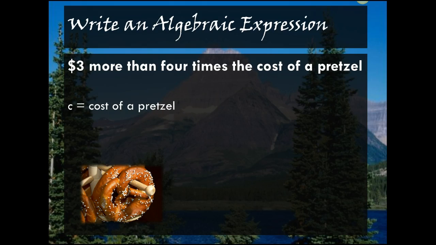The expression says we have $3 more than 4 times the cost of a pretzel. We'll need to break it down because we have 2 operations here. We have $3 more than, and then we have 4 times the cost of a pretzel, which we know is C. If we just had 4 times the cost of a pretzel, we know that would be 4 times C. So let's start there.